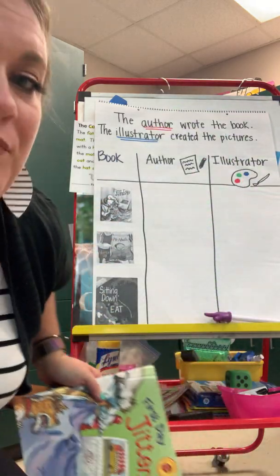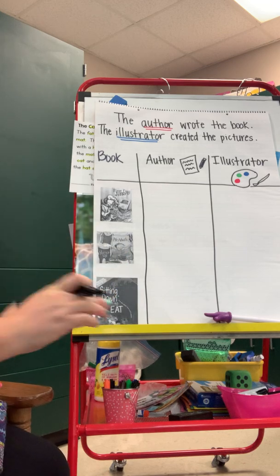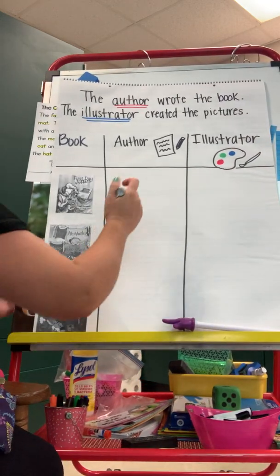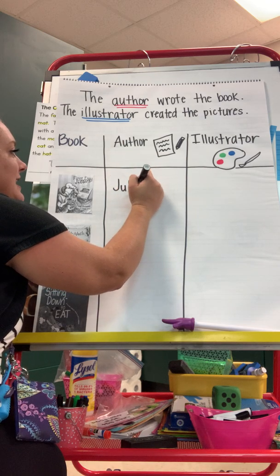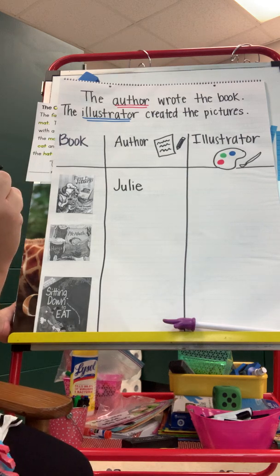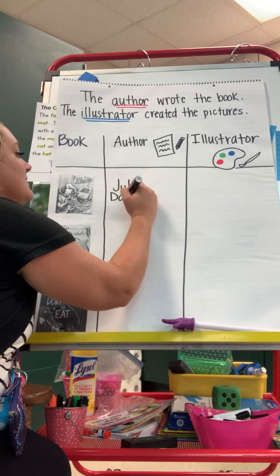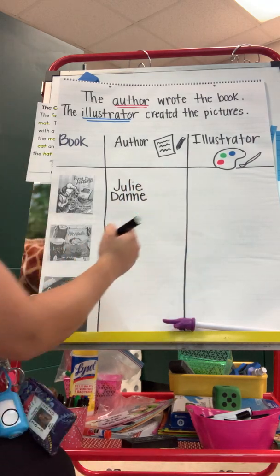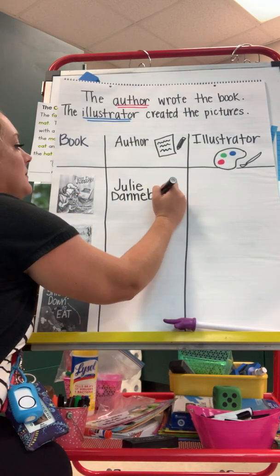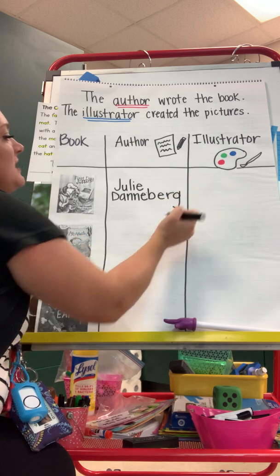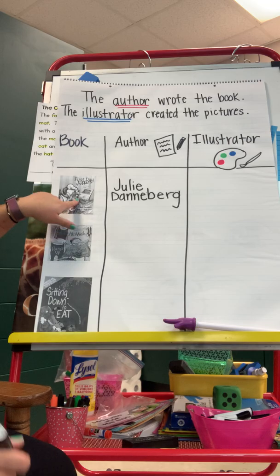Let's write Julie, and I'm going to make sure I spell her name correctly, Dannenberg. Okay, so she is the one who wrote the words for our story, First Day Jitters.